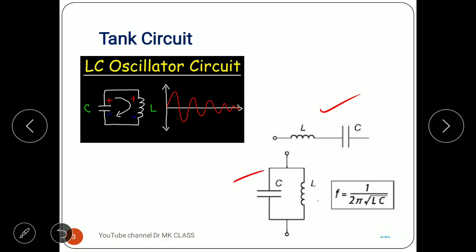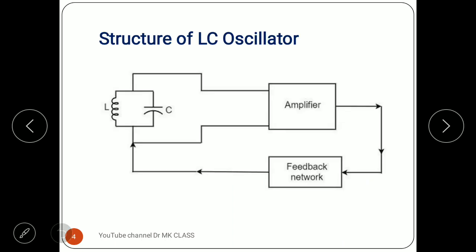The frequency of oscillation is given by f equal to 1 divided by 2 pi root LC. Most electronic oscillators which contain L and C will have this formula. So this is a tank circuit, and we are giving it that damped waveform.